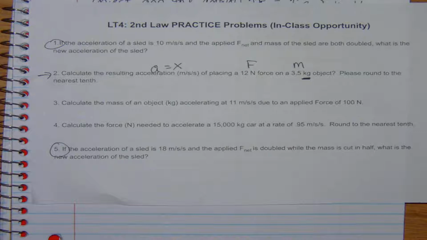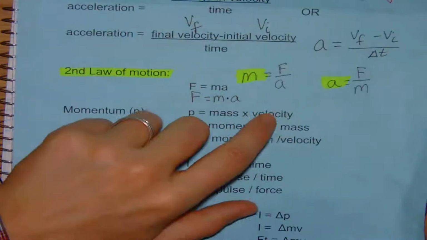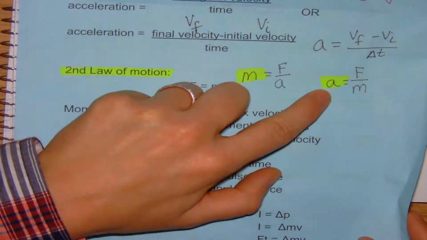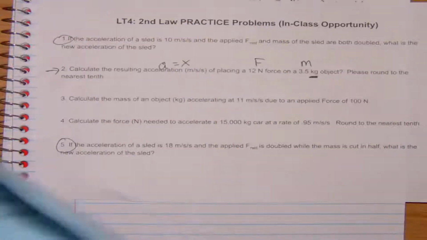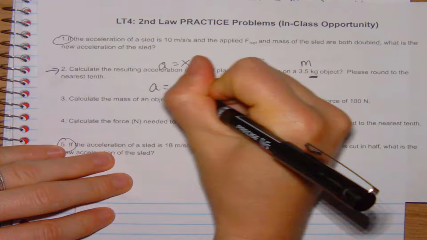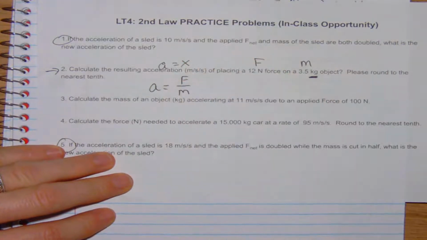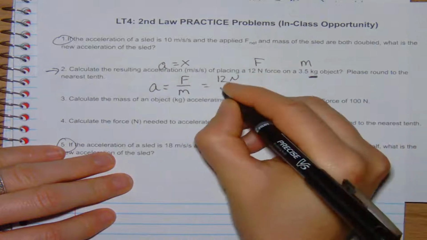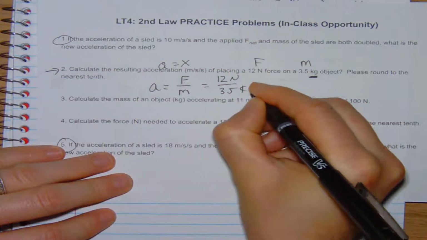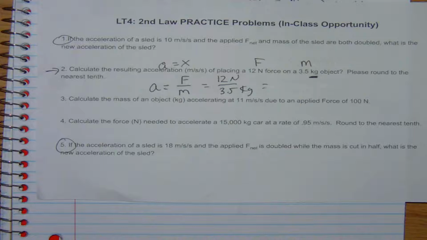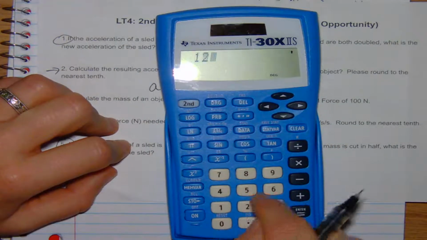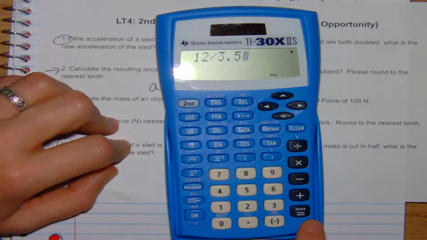So as I mentioned right at the beginning here, you should have these formulas added, tweaked on your formula sheet. And for acceleration, what we're looking for is force divided by mass. So A is F divided by M, which is 12 newtons divided by 3.5 kilograms. And if we type that into the calculator, it's going to be 12 divided by 3.5.